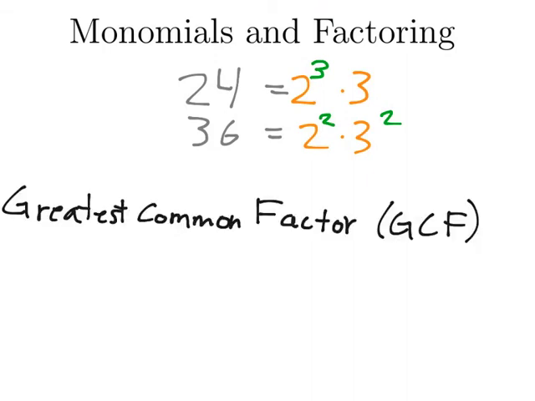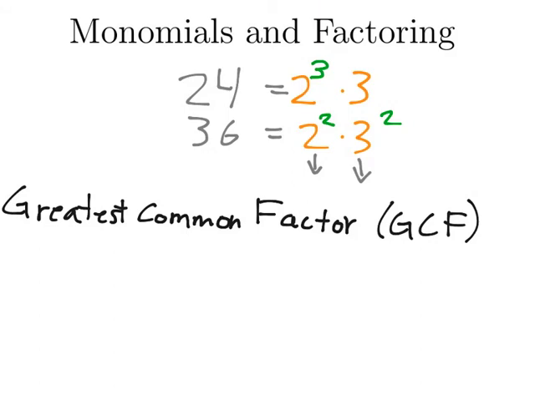The greatest common factor is some number that can be multiplied by another number to get 36, and it can also be multiplied by another number to get 24, but it's the biggest one of those numbers. We can find it by looking at the prime factorization. So we first look at what they have in common. They both have 2's and they both have 3's.